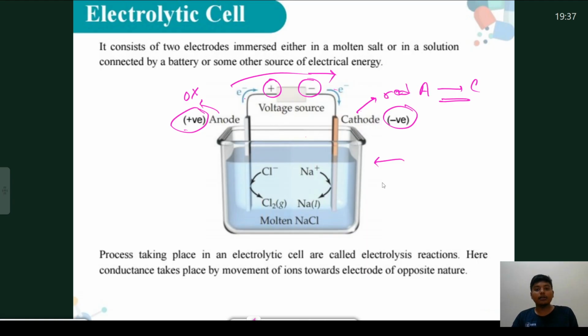Now there are many types of cells. Simple thing, remember, if you are taking any molten salt, for example molten NaCl. Now in molten NaCl, what ions are there?